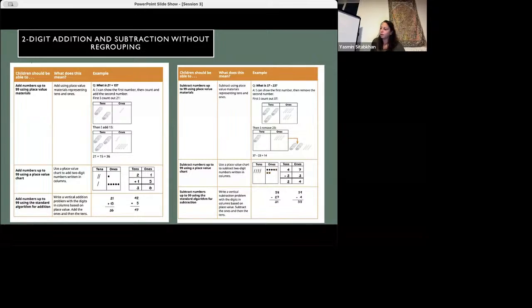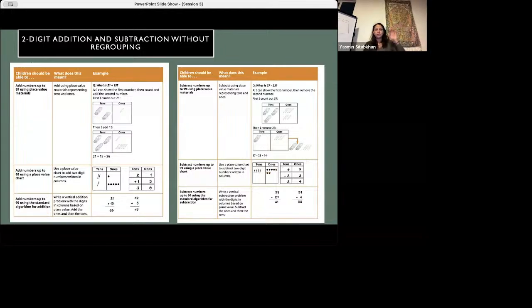The other thing you could do, which I think is very helpful, let me see if you guys can see this, is you could do something like this with your tens and ones. That's also very helpful to help students line it up and sort out the different numbers. And you see the example here.